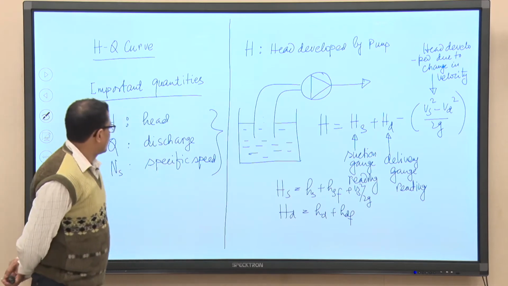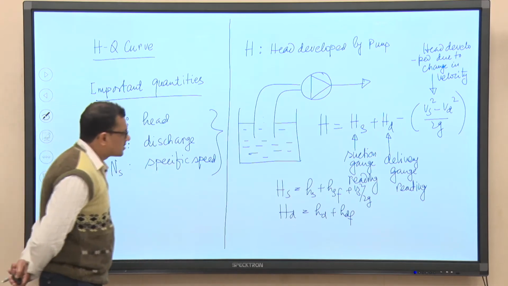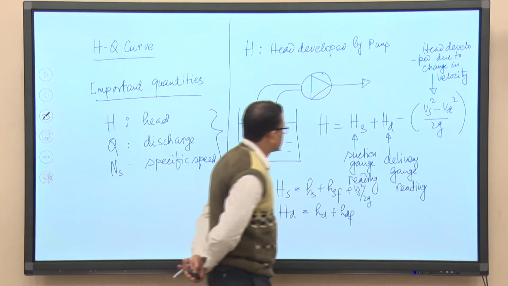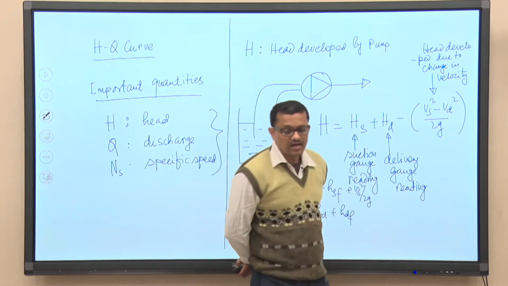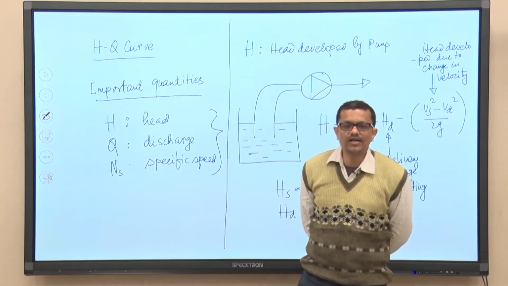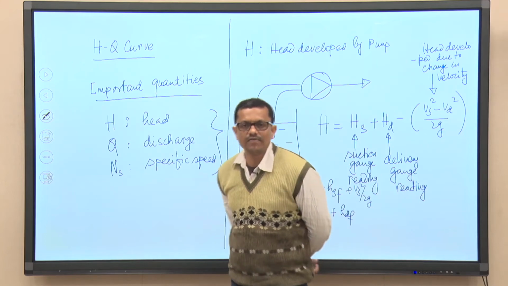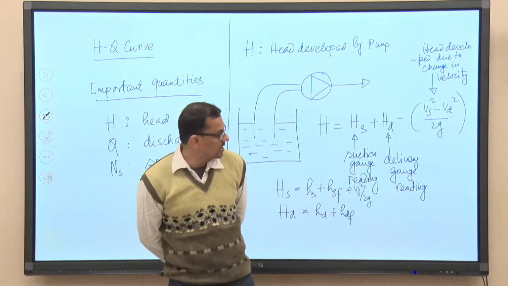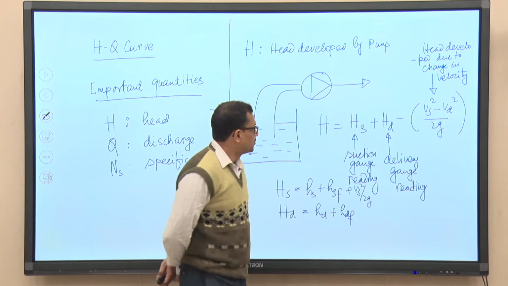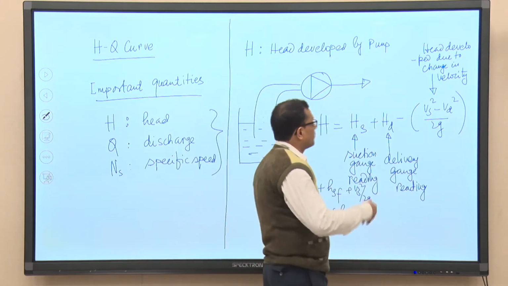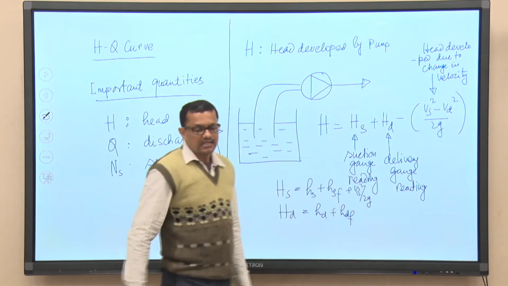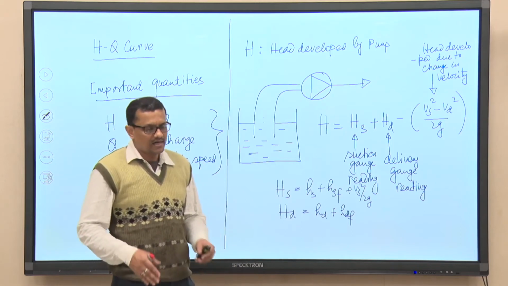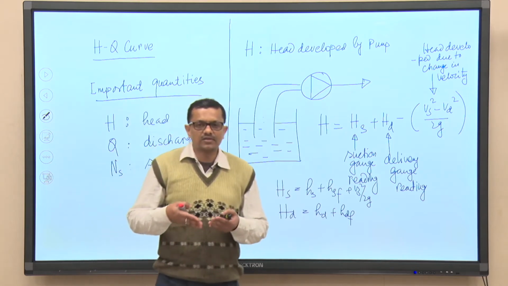Okay. So, what we can see from this particular expression, I will be discussing this part again when I discuss the testing of a radial flow pump, but at least today we should know that when the pump is run, it is not the case that the pump can be started anytime.